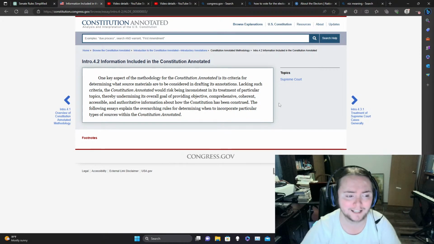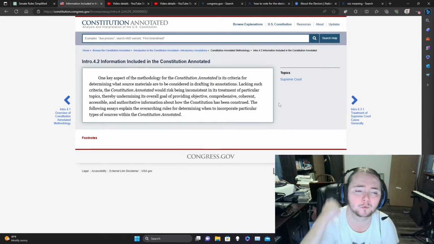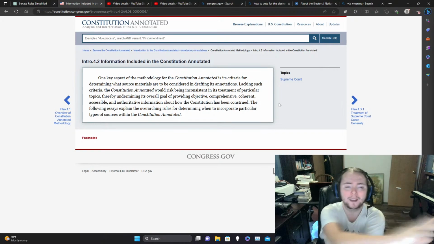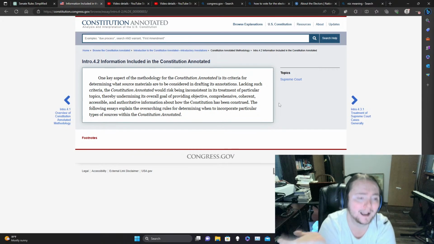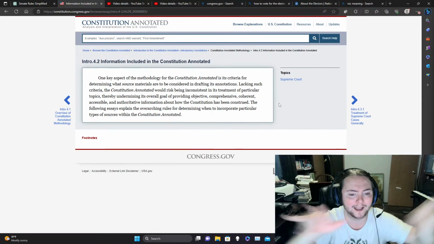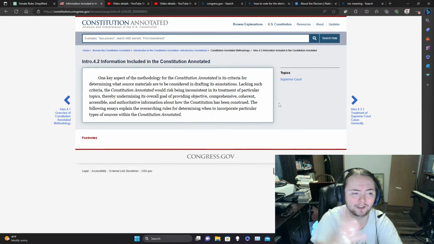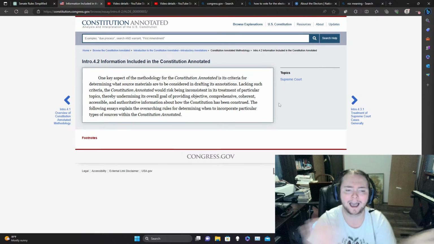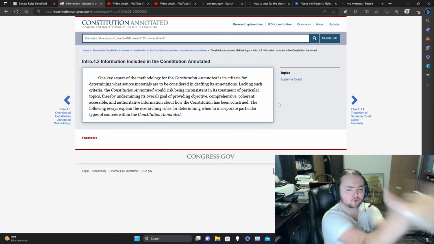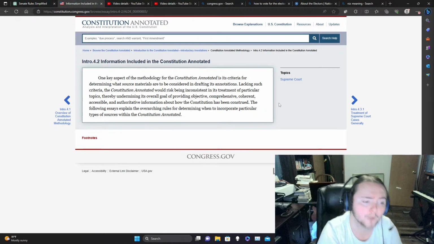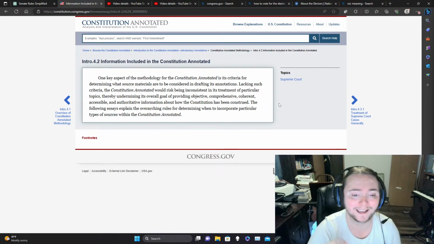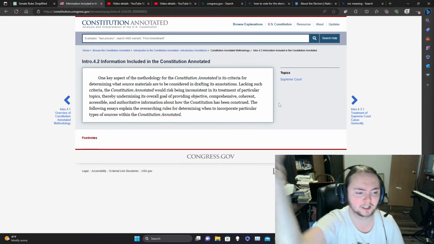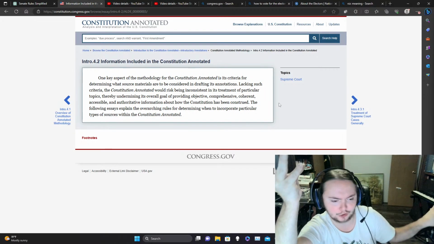Lacking such criteria, the Constitution Annotated would risk being inconsistent in its treatment of particular topics, thereby undermining its overall goal of providing objective, comprehensive, coherent, accessible, and authoritative information about how the Constitution has been construed. The following essays explain the overarching rules for determining when to incorporate particular types of sources within the Constitution Annotated.